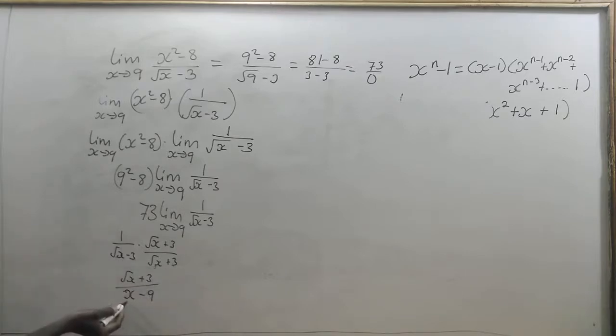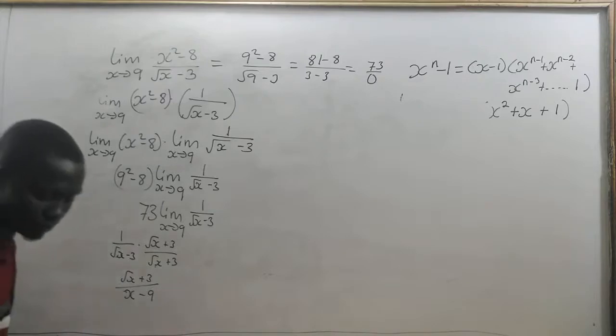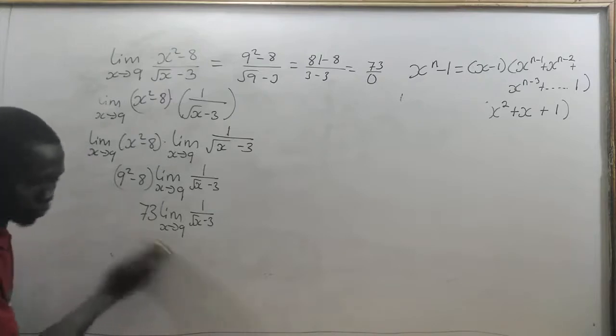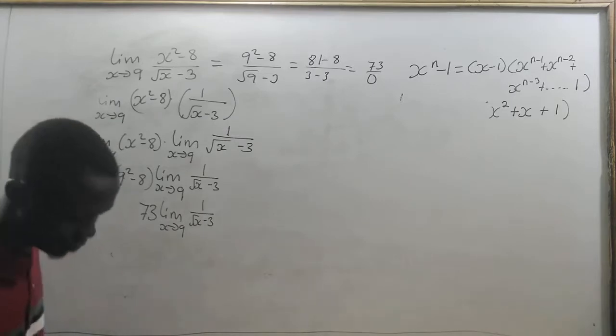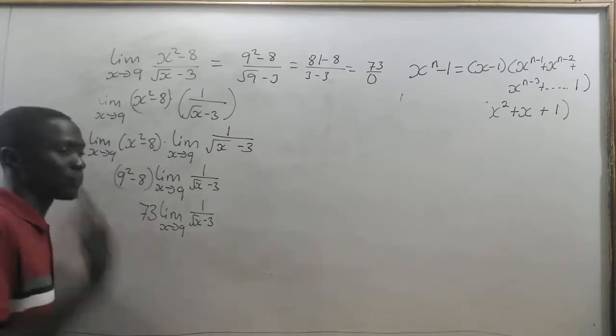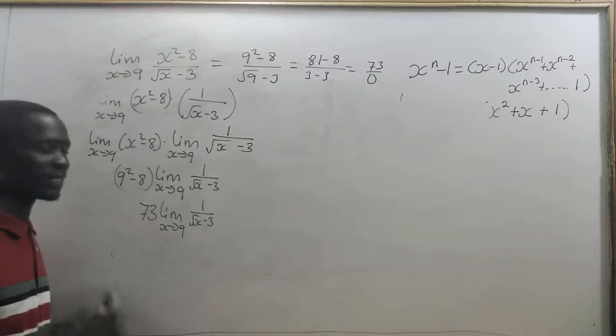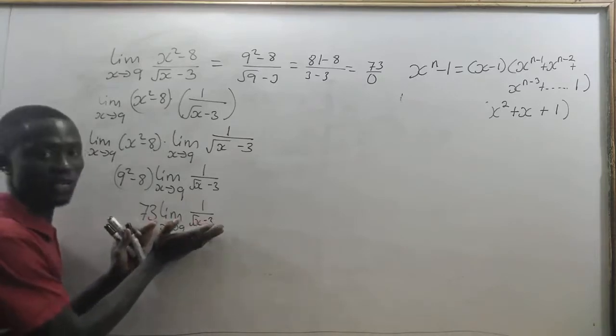And if you put in x equal to 9, you will still get division by 0. So then what do we do? Very simple. If this happens, you take the one-sided limit of this function.